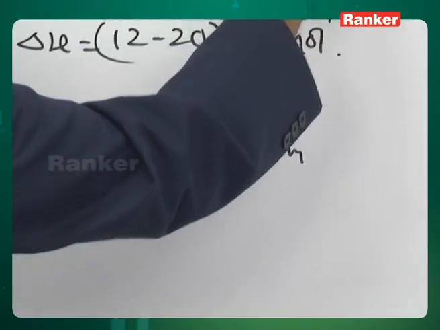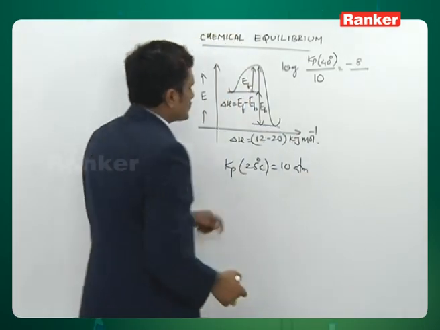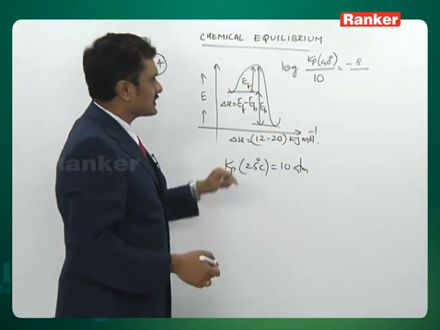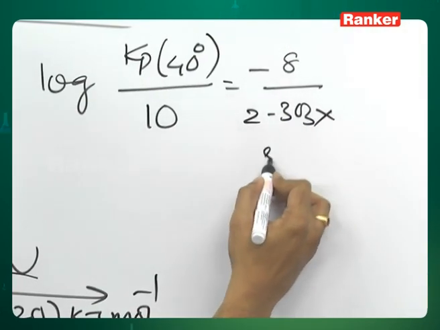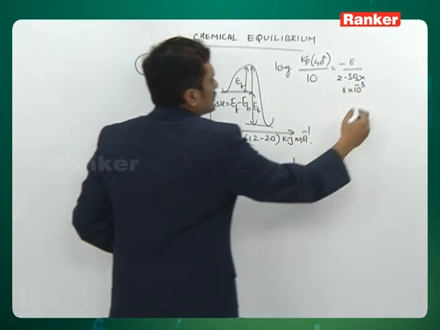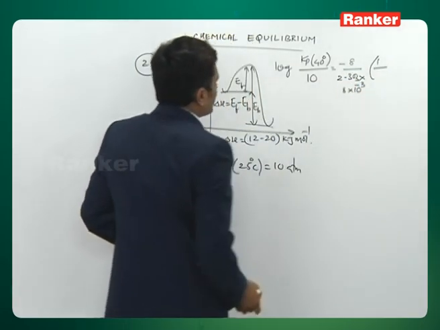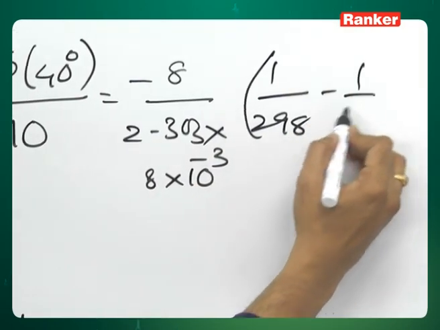Now, when I am substituting here, I have already got the activation energy relationship with delta H, the delta H upon 2.303 R. I am going to substitute it as 18 into 10 to the power minus 3 because this value we have calculated in kilojoule per mole, into 1 by initial temperature, 298 Kelvin, and finally 313.